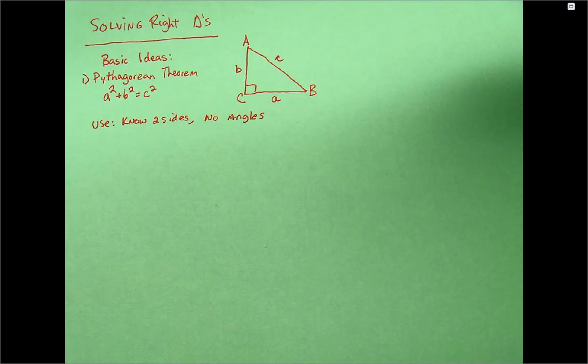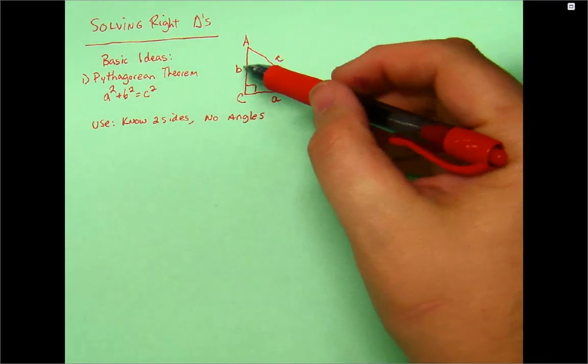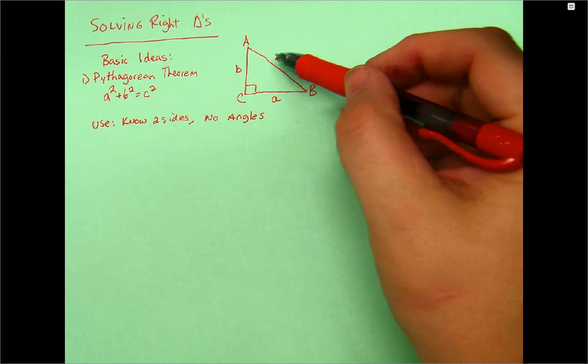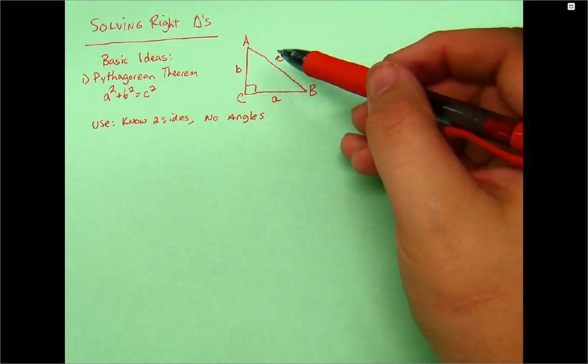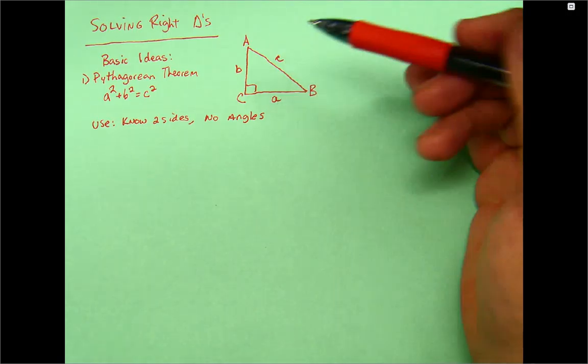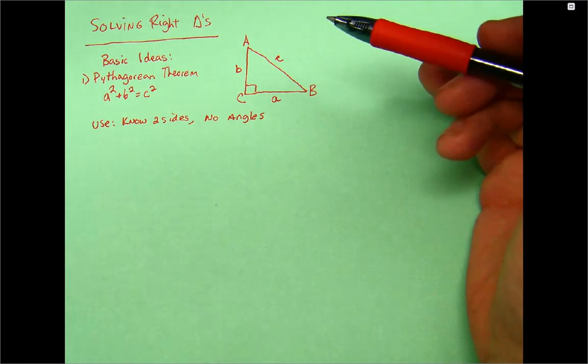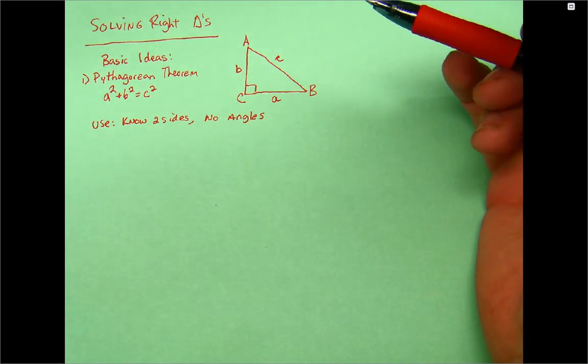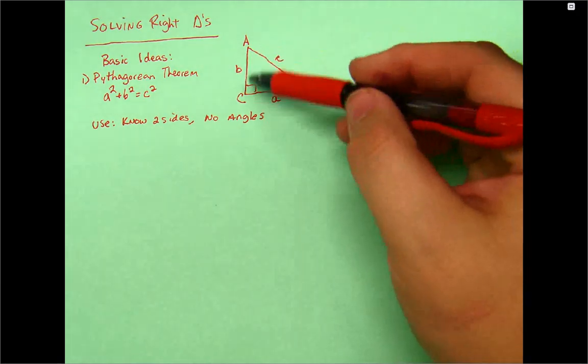So if you know two of the sides of your triangle, say B and C, and that's all you're given, you can find the side A just by applying the Pythagorean theorem. A squared plus b squared equals c squared. Make sure that everything's labeled nice and neat.